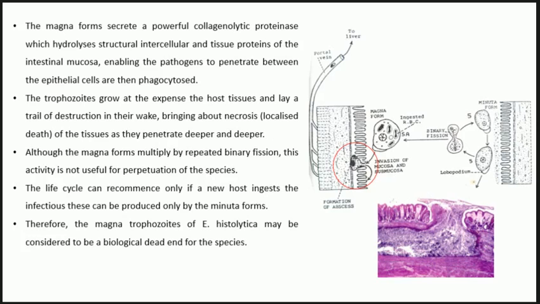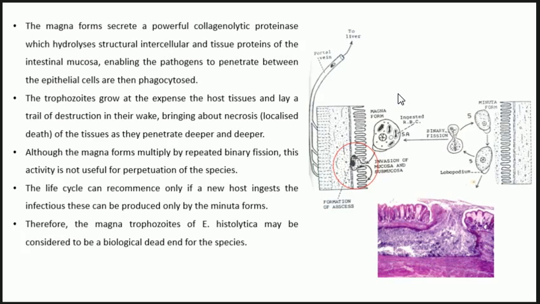Now this magna goes towards the intestinal part. Now what is this area? The magna secrete collagen-lytic proteinases. These are enzymes which digest proteins, and collagen is made up of protein.